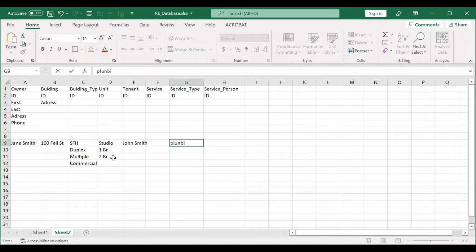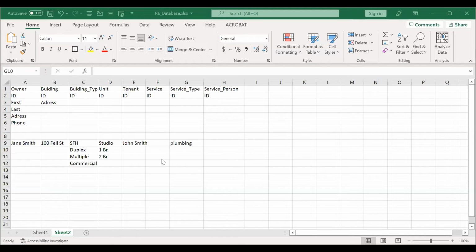Okay. So anyway, landscape, excellent landscape. Let me just copy and paste. Okay, HVAC, great. Anything else?